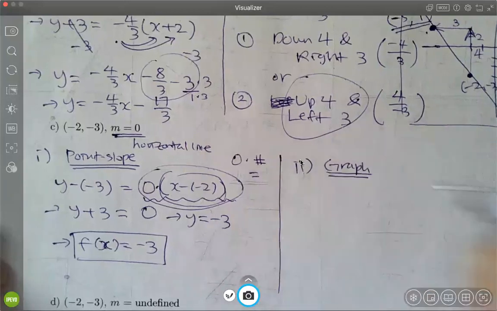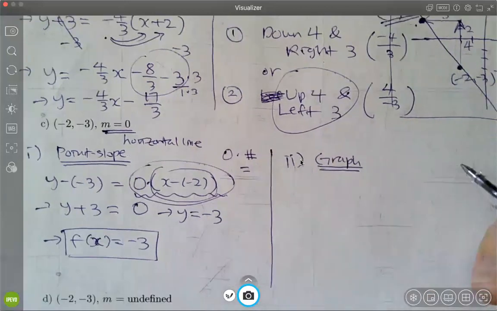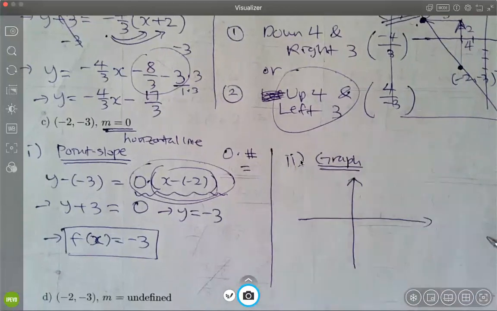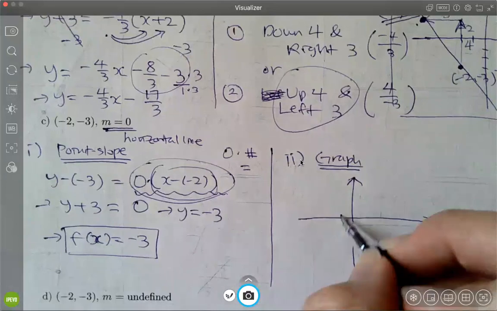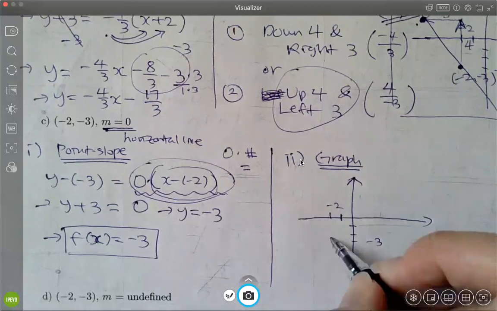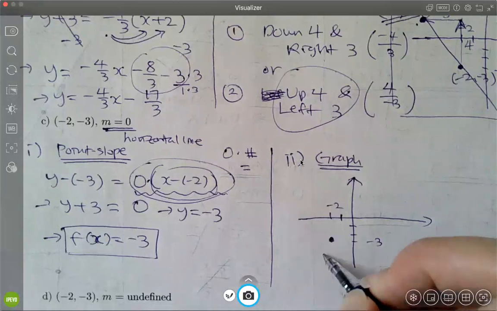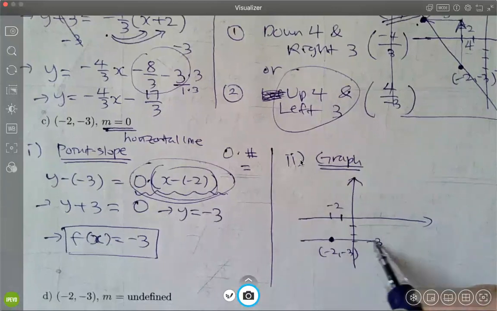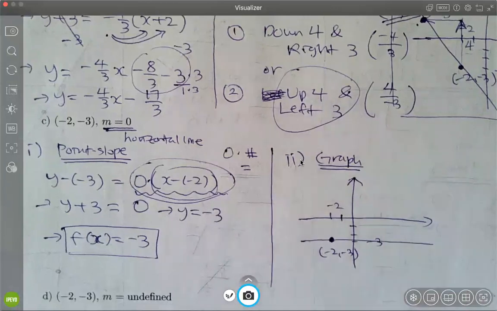So we know that the graph is a horizontal line and it passes -2, -3, which is right there. Okay, so what is the only option for the graph? That, right? That has to be the graph.